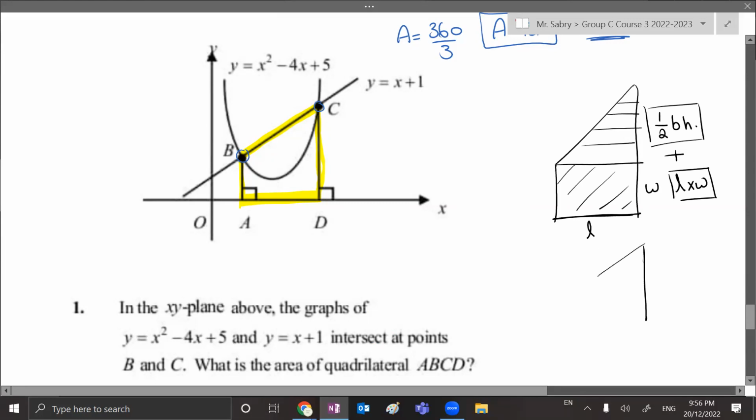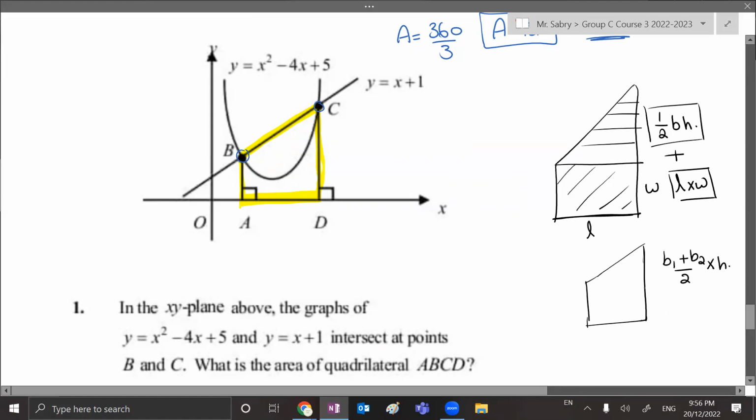Another way to do it is to work with this shape as what we call a trapezoid. Where is the trapezoid there? Now, in order to get the area of a trapezoid, we need to do base 1 plus base 2 over 2, multiplied by the height.